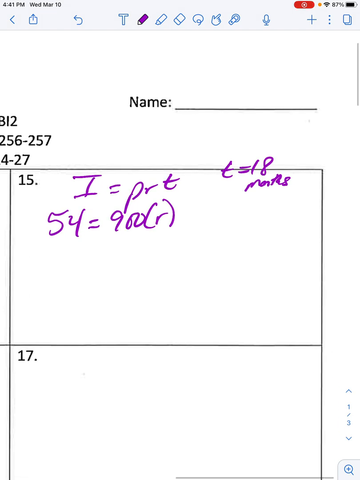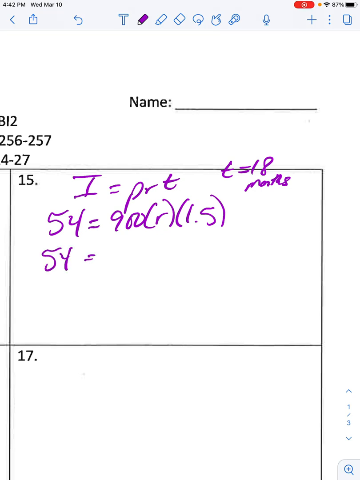Y'all remember, we don't put 18 in for time because time always has to be in years. So remember, 18 months, 12 months are in a year, 6 months left over would be a half of a year. So we're going to put in 1.5 for our time.